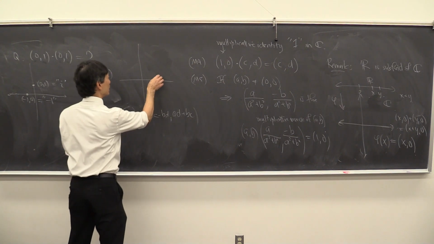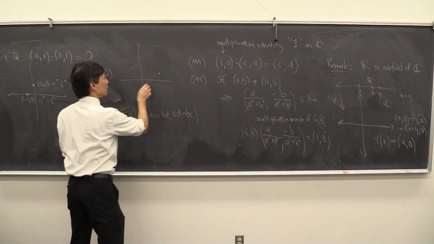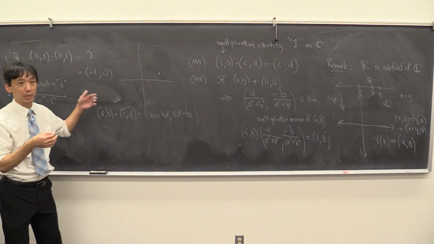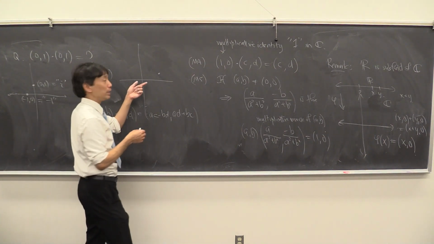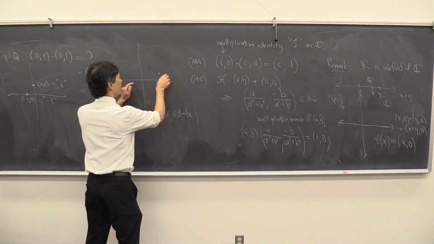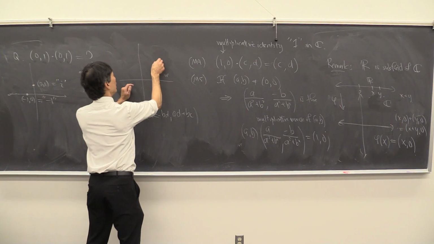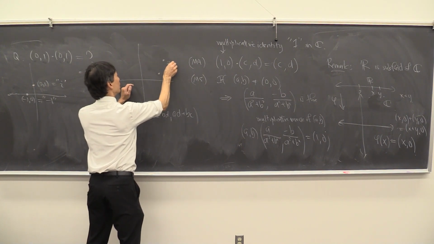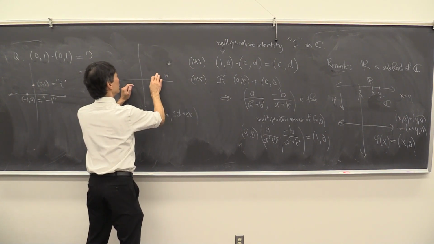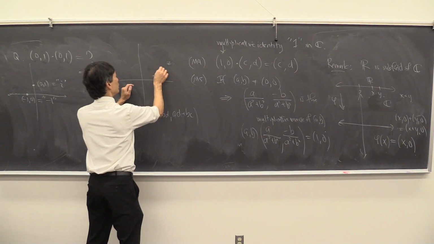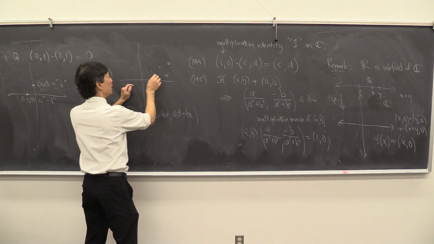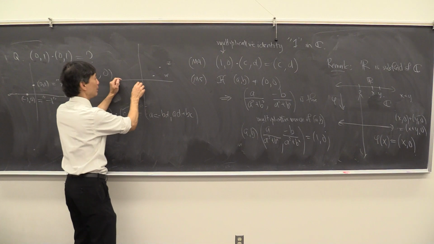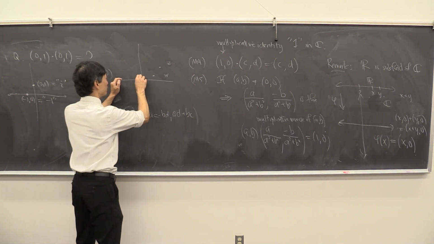I don't know if this will make things clearer or less clear, but there's actually a geometric interpretation of complex multiplication. If you have two complex numbers, when you multiply them, there's a geometric meaning.